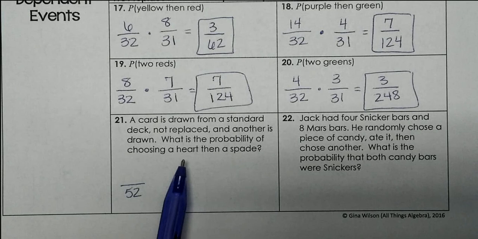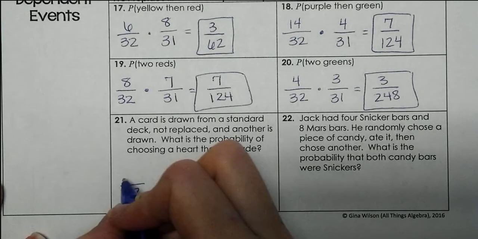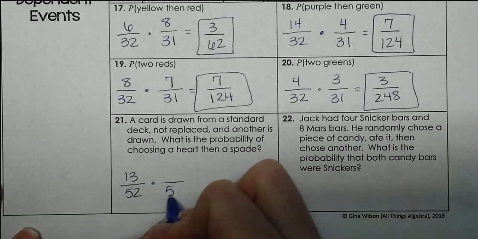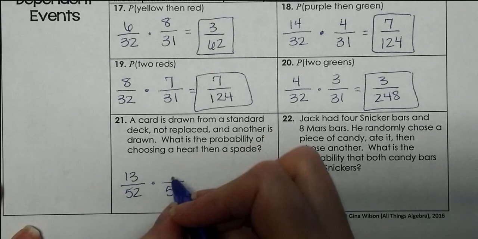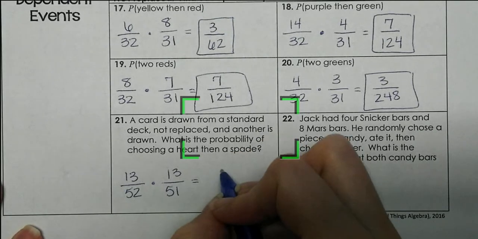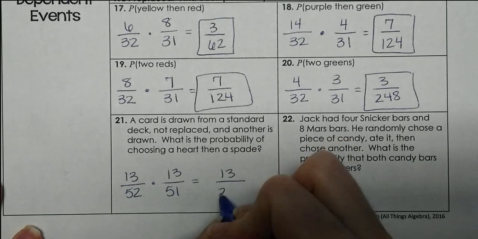So if you think about it, there are 13 of each type of card. 13 hearts, 13 spades, 13 diamonds, 13 clubs. So we've got 13 hearts to choose from, but now there's only 51 cards in the deck, and there's still 13 spades. So if I multiply those, I end up with 13 over 204.